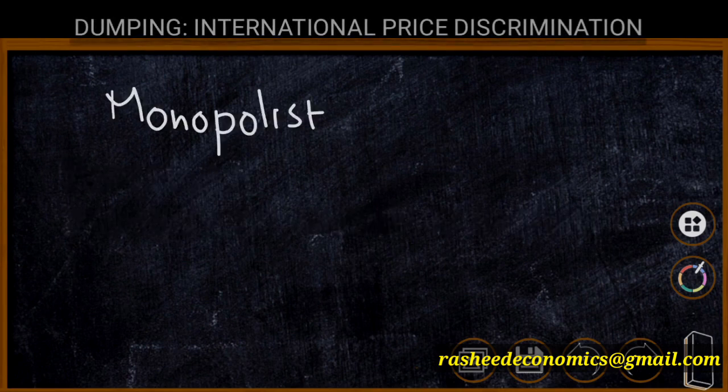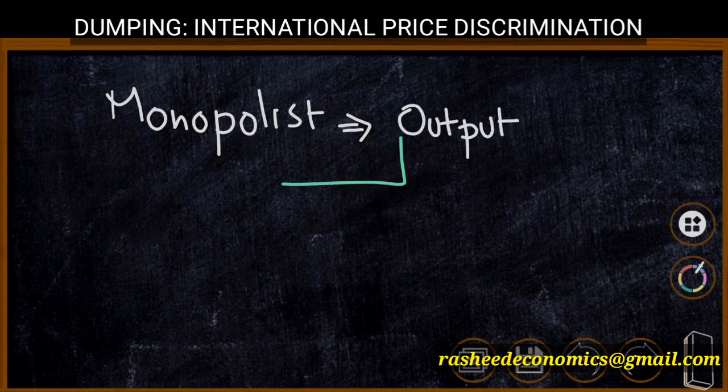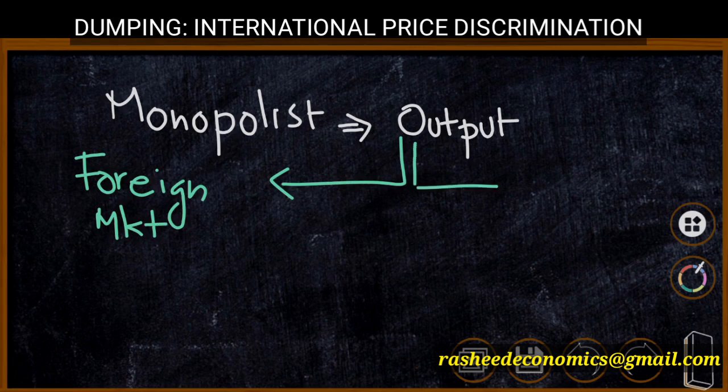We know that price discrimination can be practiced only by a monopolist. Here the monopolist produces a particular level of output. The total output is divided between the foreign market and the home market.